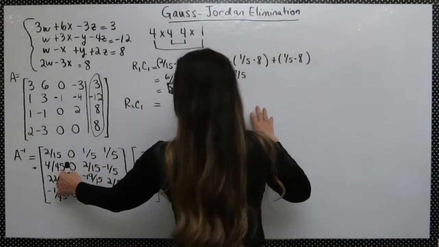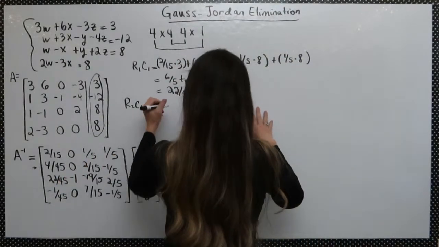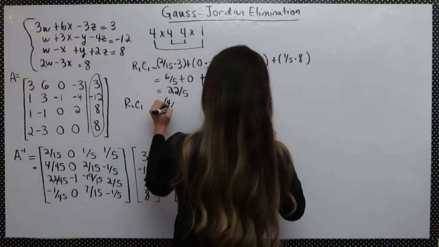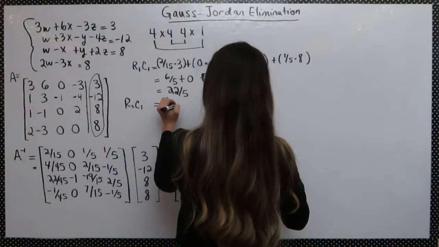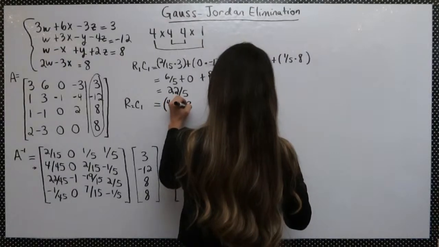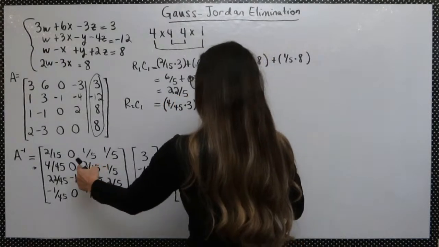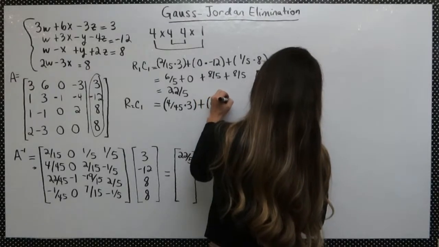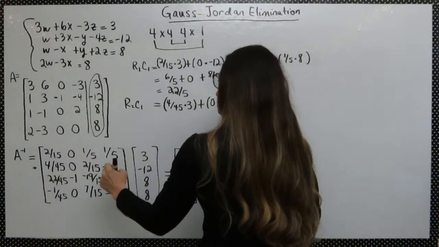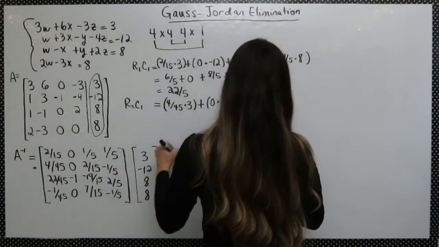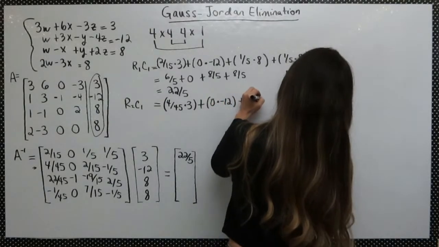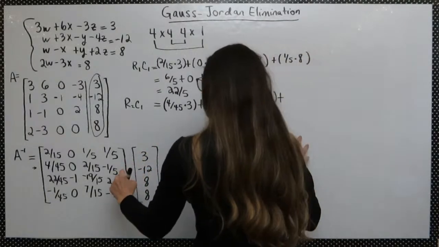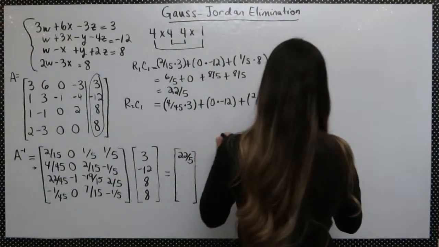So it's 4 divided by 45 times 3. We'll use some parentheses to keep track of our syntax. 4/45 times 3 plus 0 times -12 plus 2/5 times 8 plus -1/5 times 8.